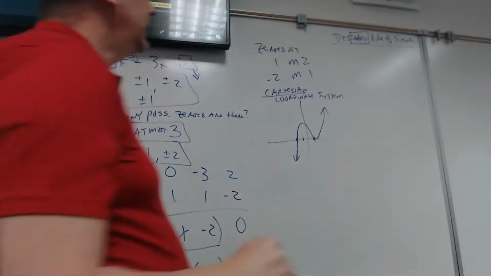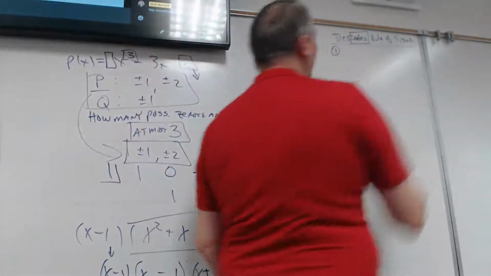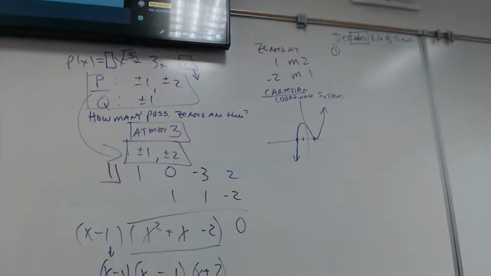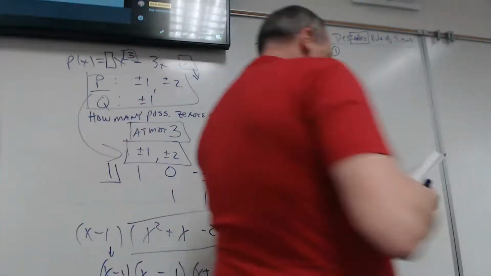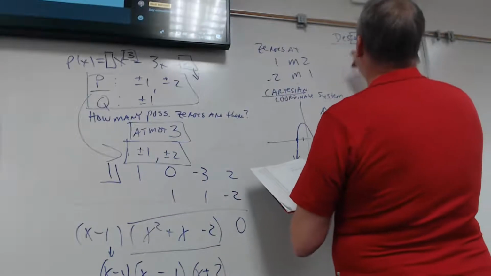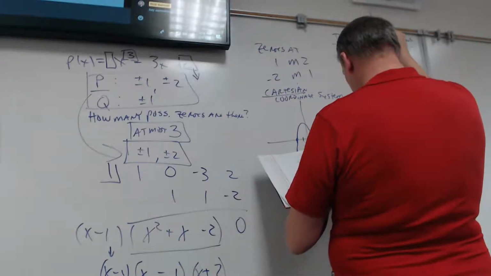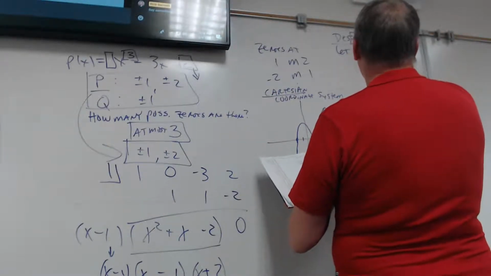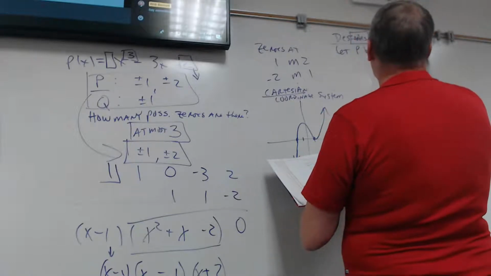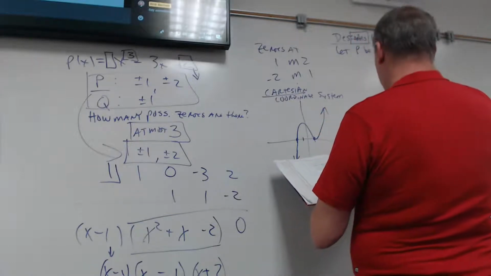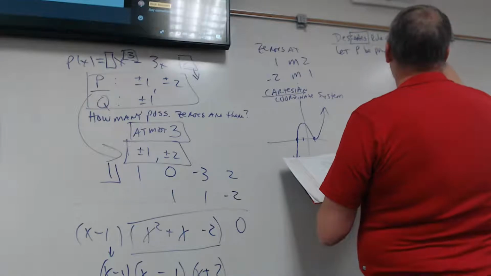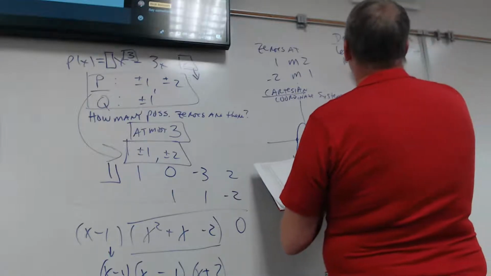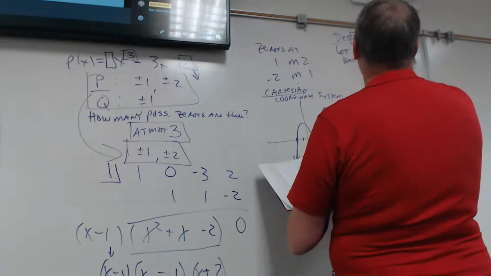And so the idea here is, with rule number 1, Descartes' rule of signs, we're going to let P be a polynomial with real coefficients.